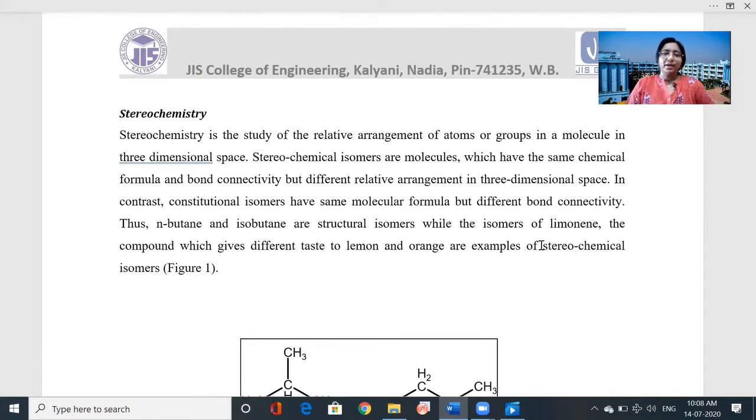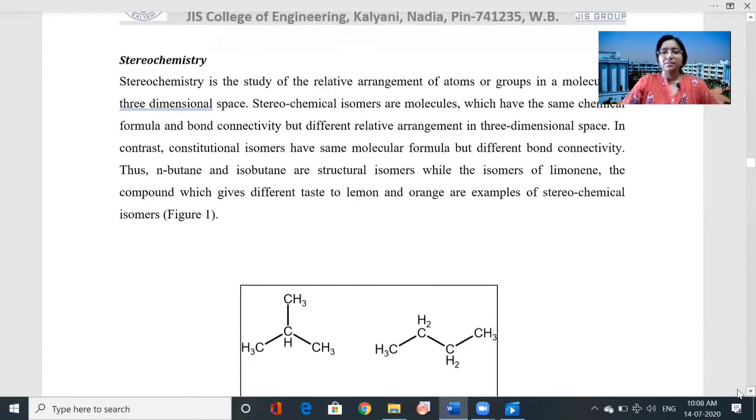So you can define it: stereochemistry is the study of the relative arrangement of atoms or groups in a molecule in 3-dimensional space. Stereochemical isomers are molecules which have the same formula and bond connectivity but different relative arrangement in 3-dimensional space.